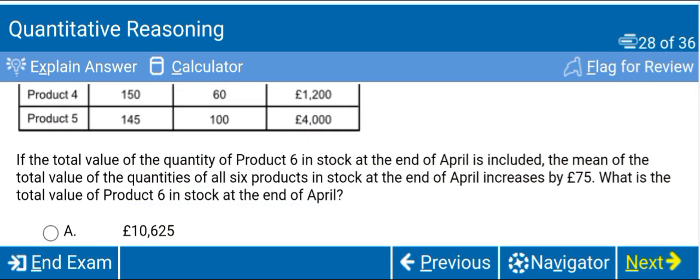Next question is, if the total value of the quantity of product 6 in stock at the end of April is included, the mean of the total value of quantities of all 6 products in stock at the end of April increases by 75 pounds. So what is the total value of product 6 in stock at the end of April?